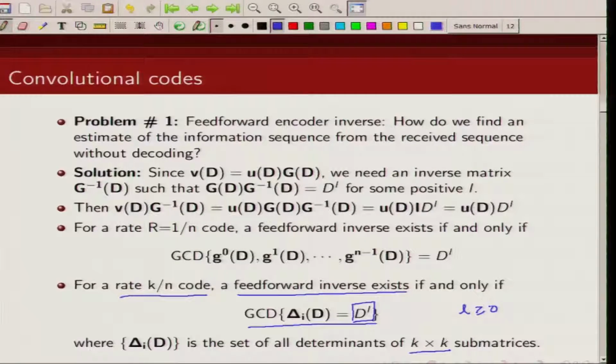So, we do not want the determinants of all possible k by k submatrices to have any common term among them. If this condition is satisfied, a feedforward inverse exists.